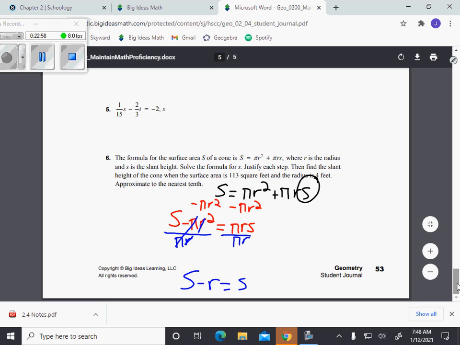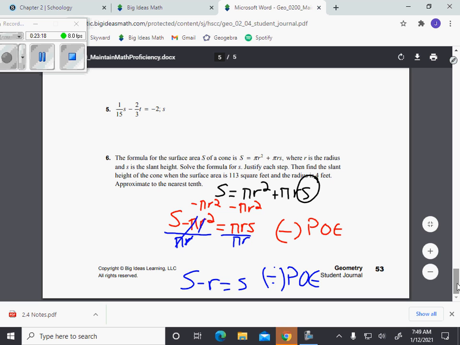And what I did, sorry, this step in red was subtraction property of equality, and the step in blue was division property of equality.